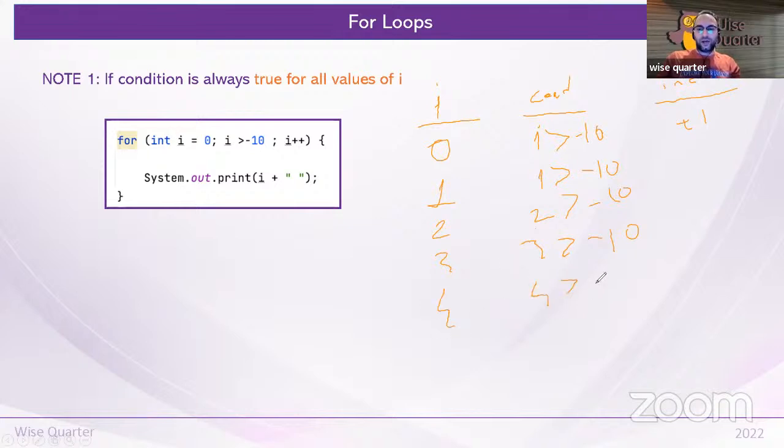4 is higher than minus 10. It is still true. 5 is still higher than minus 10. And even though I write 1,000 or a million or a billion, it doesn't matter, it will be higher than minus 10. It is an infinite loop, and this infinite loop may break your computer, so be careful.